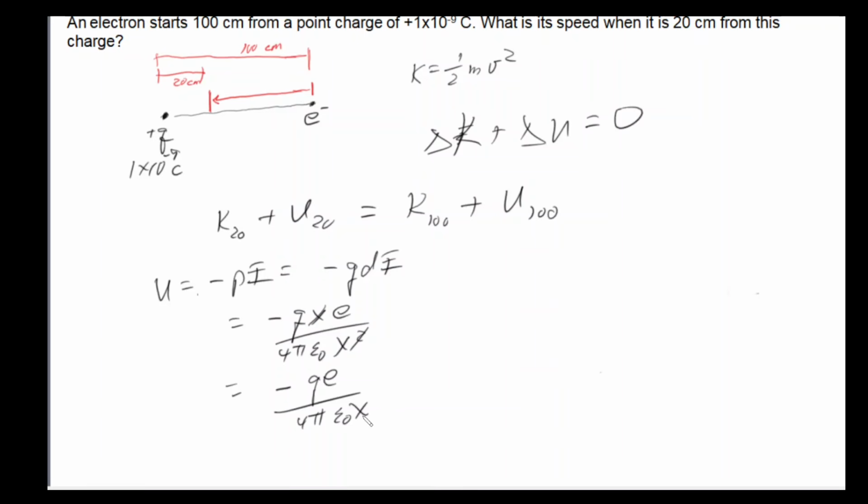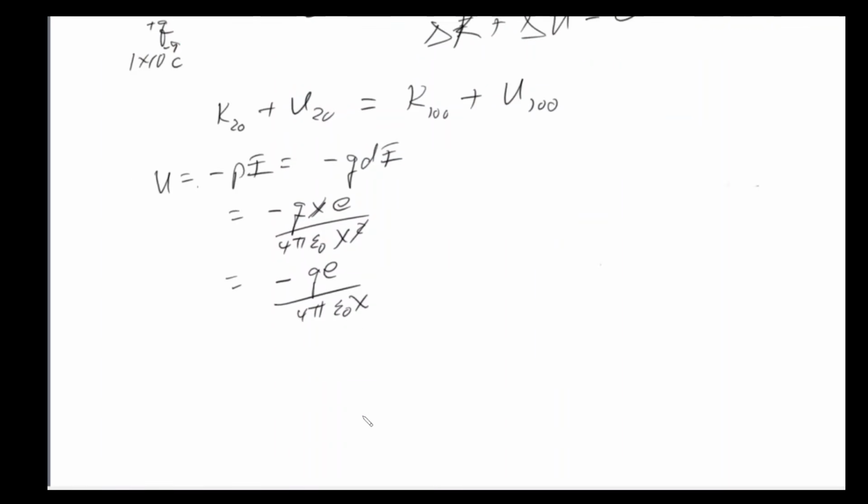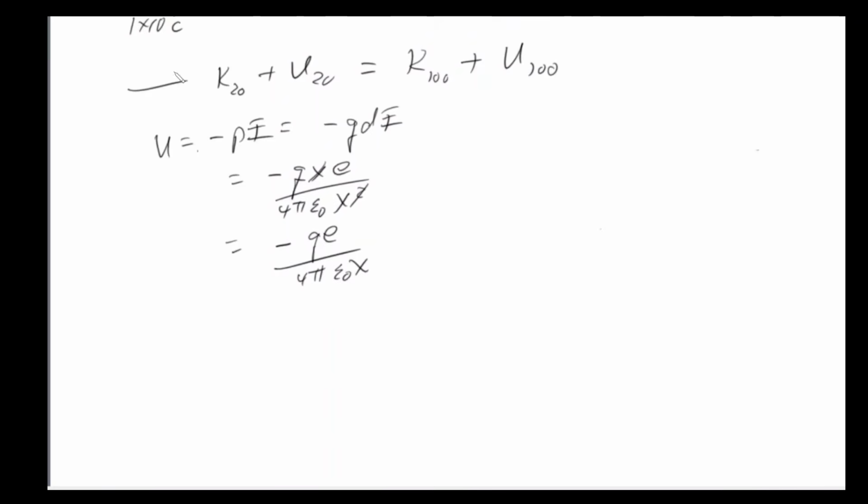times some distance x. So if we go back to our equation, here we have that the kinetic energy at 20 centimeters is 1/2 mv squared, plus the potential energy, which is minus QE over 4 pi epsilon 0 times x at 20 centimeters, has to equal the kinetic energy at 100 centimeters.